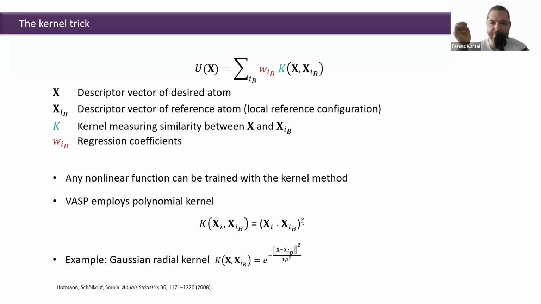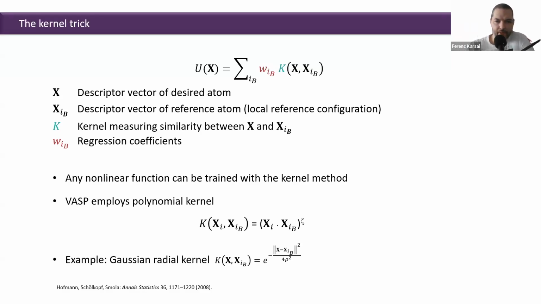Otherwise, if they are fully similar and we use normalized vectors, the dot product becomes 1 or approaches 1. Another good thing of this kernel is that we have determined that Xi equals 4 is more or less universally good. So we don't have to worry about any parameter anymore in this kernel.